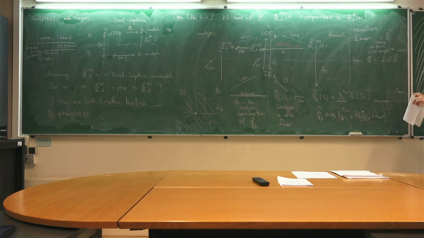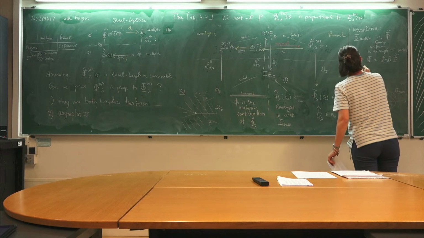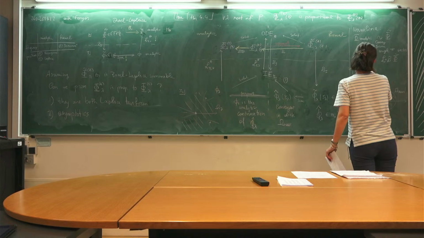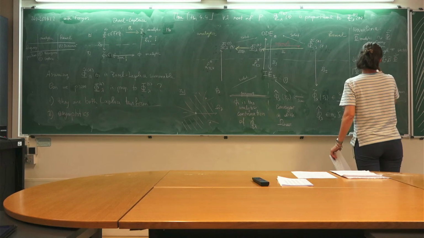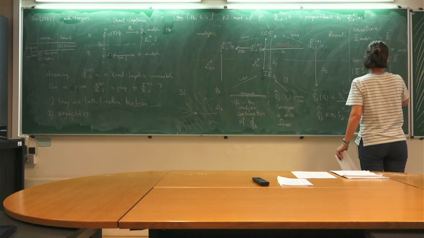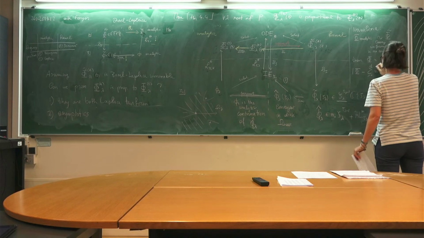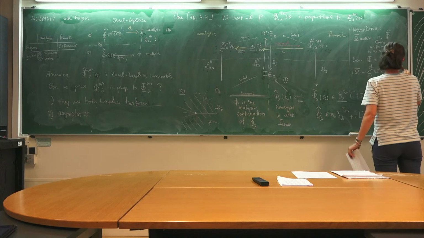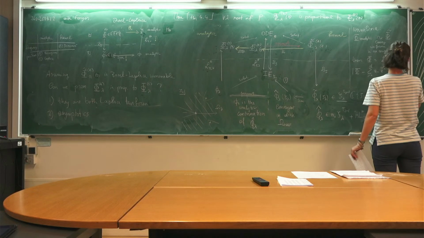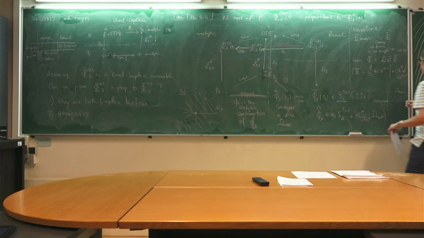Uniform Gevrey, maybe let me just recall, Gevrey was that phi minus the truncated sum was bounded by a constant C, A to the n, n factorial, and then z to the minus n minus 1. So this was the notion of Gevrey.